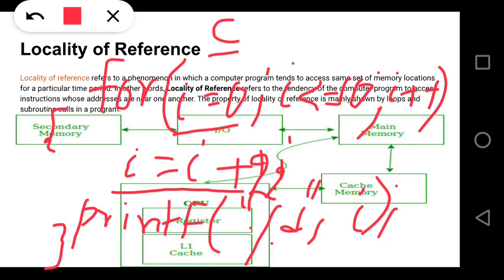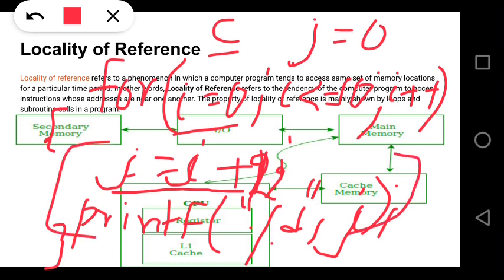Let's take another variable: j equals j plus 1, and print j. So the body of the loop has two statements: one is j equals j plus 1, another is print j.